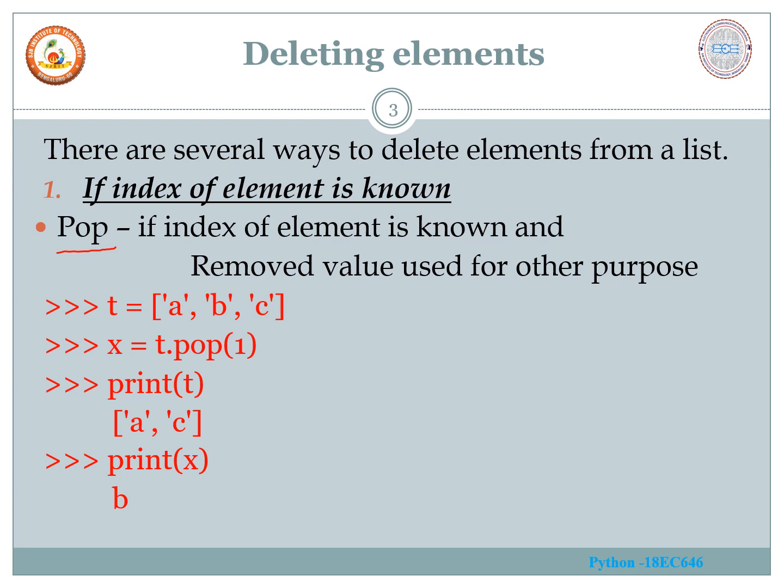Pop is used if the user knows the index of the element, and then you can remove that particular specific element. The removed value can be used for other purposes since it is returned, or you can store that removed value.